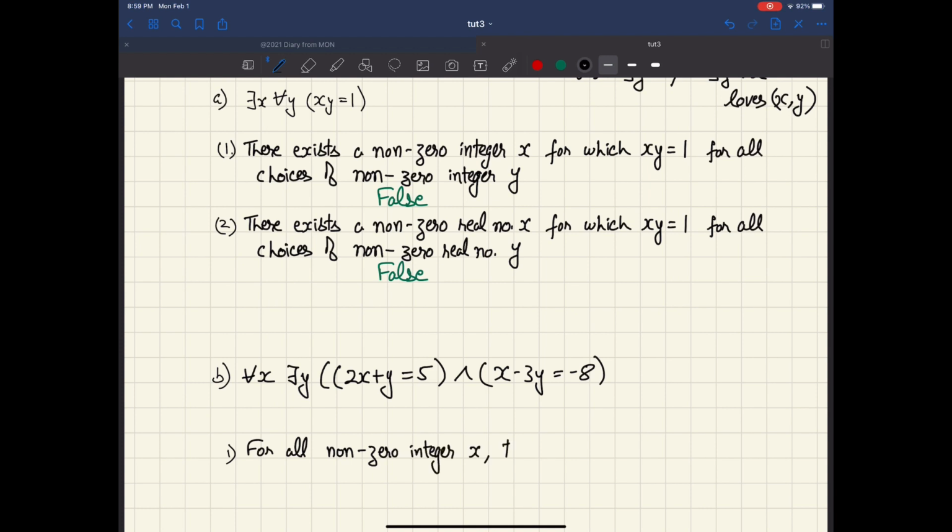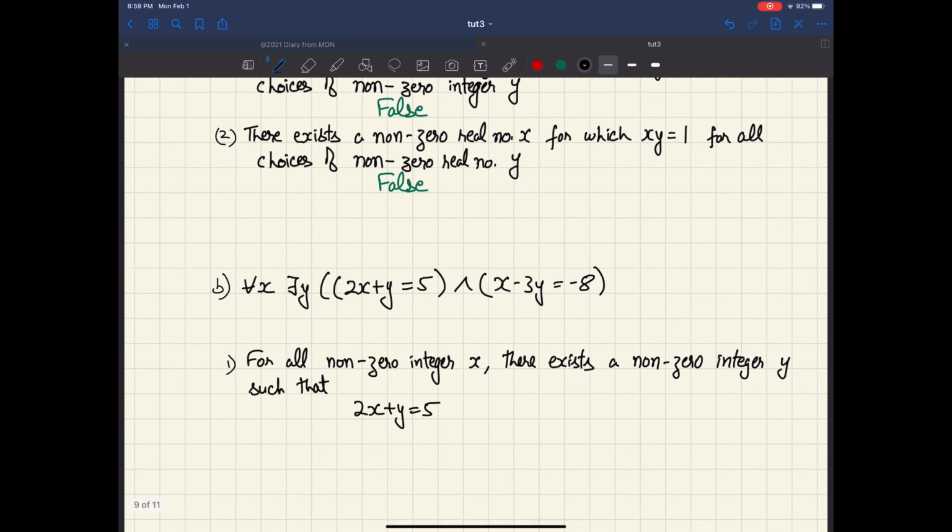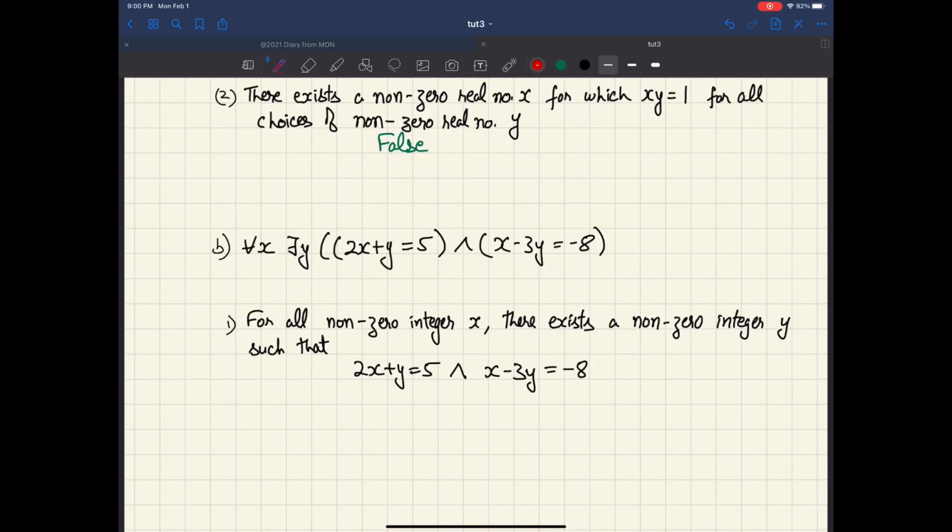So for integers, it will be for all non-zero integer x, there exists a non-zero integer y such that 2x plus y is equal to 5 and x minus 3y equals minus 8. Now, since these are linear equations in two variables and we have two of them, there would be one unique solution.